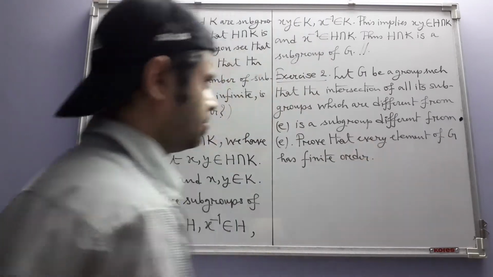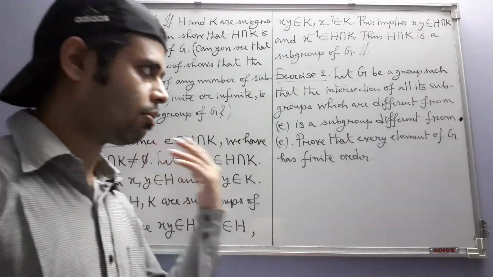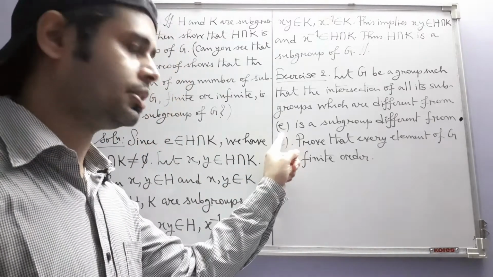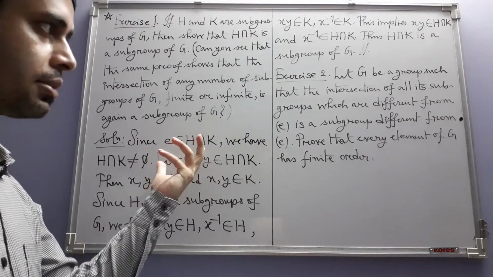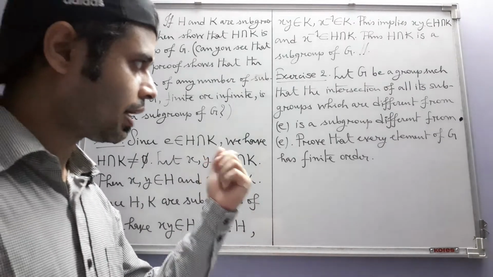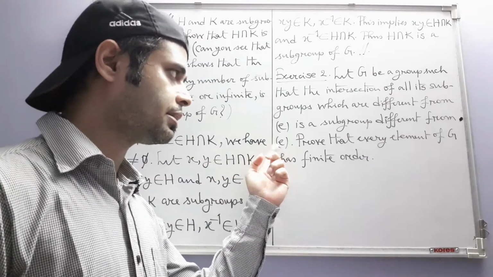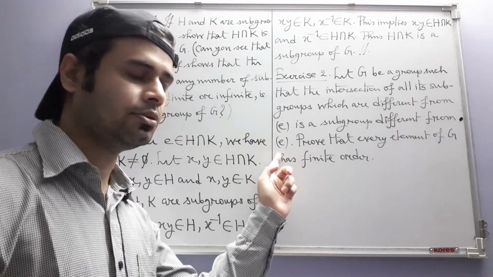So here in the second one, we are considering all subgroups of G except the trivial one, and we are taking their intersection. By the previous exercise, we already know that this intersection will be a subgroup. However, additionally what is given is that this subgroup is different from the trivial group.